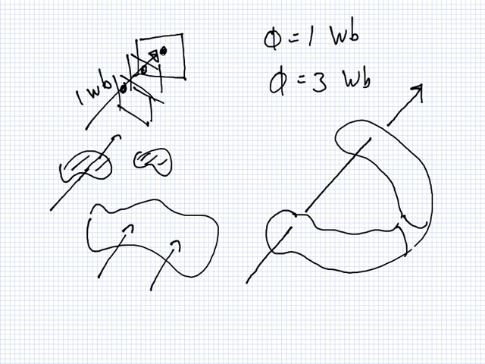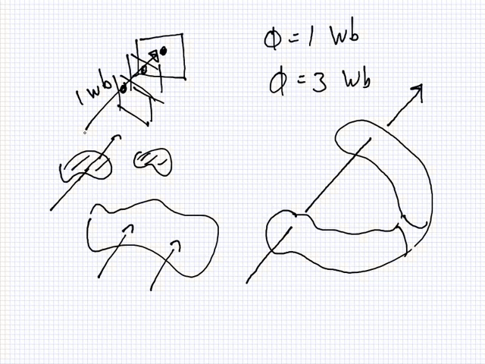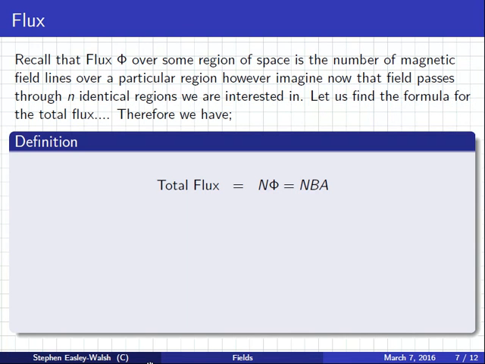This is what I mean when I say the total flux. In other words, if you have here n spaces, the answer will just be n times the flux for 1. That's all I'm saying here. So here, it will be n times the flux, NBA.